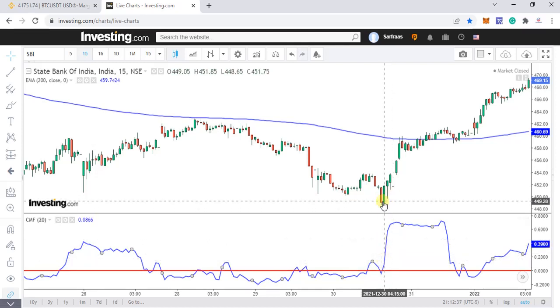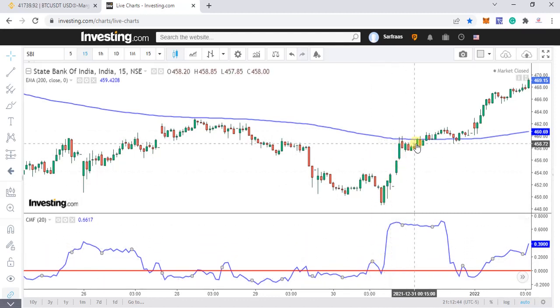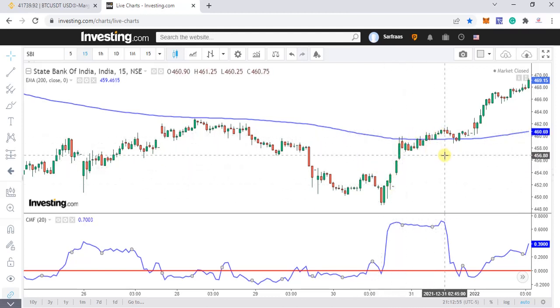You can see, you can take all of this. A safer entry I would suggest is somewhere here. Yeah, this is above and the candle has crossed. So this would save you from any reversal which probably would happen.